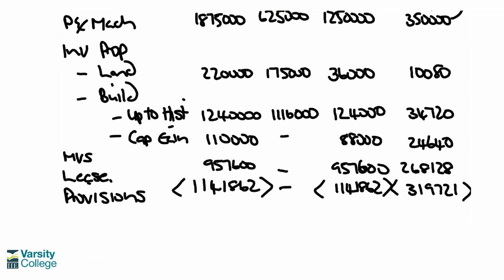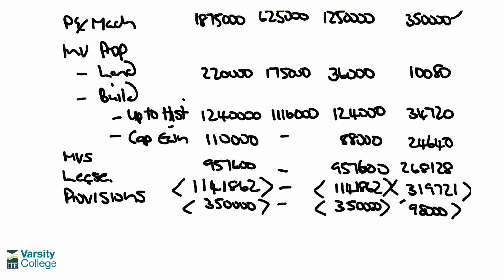And lastly, the provisions. 350,000, sorry, my alignment is a little bit off here, but you can still see what I'm doing. 350,000. Again, tax base is 0. So 350,000 under temporary difference, and times 28% equals 98,000.